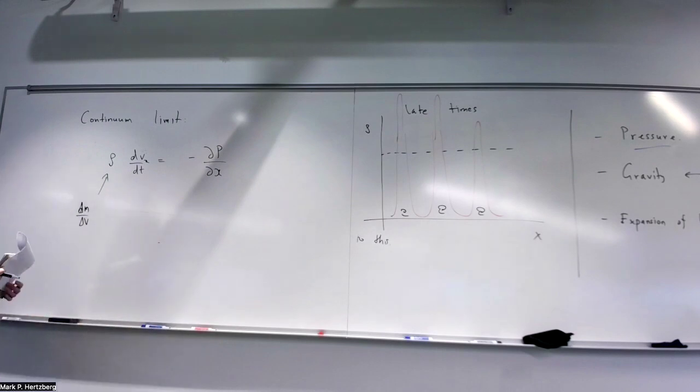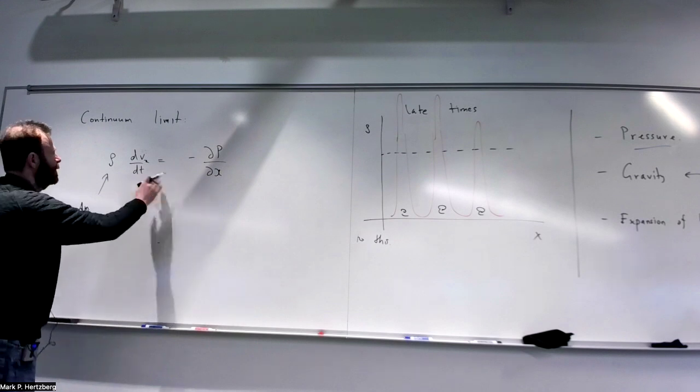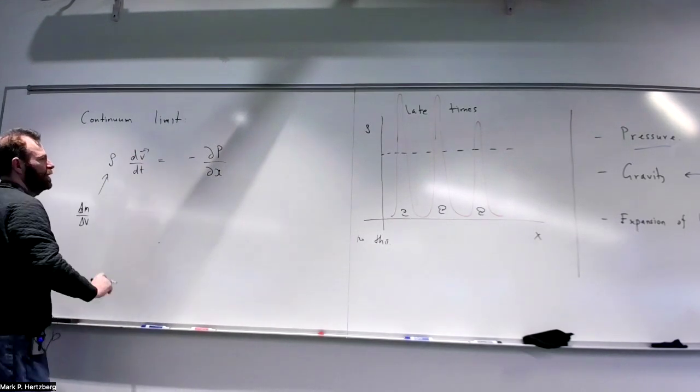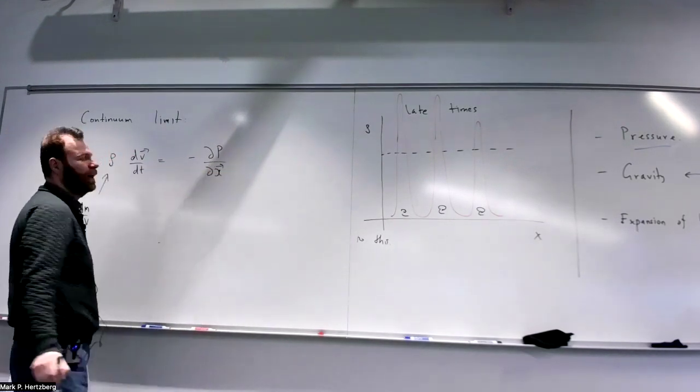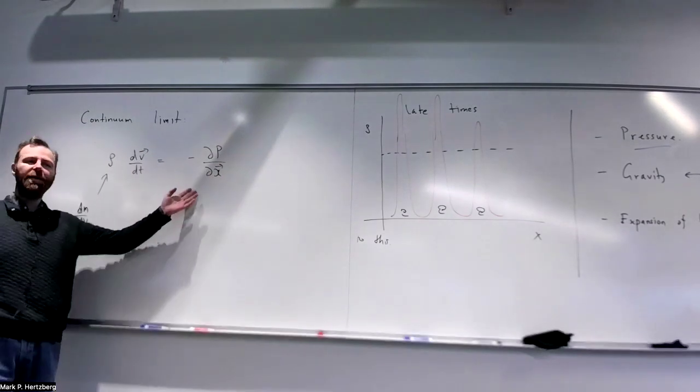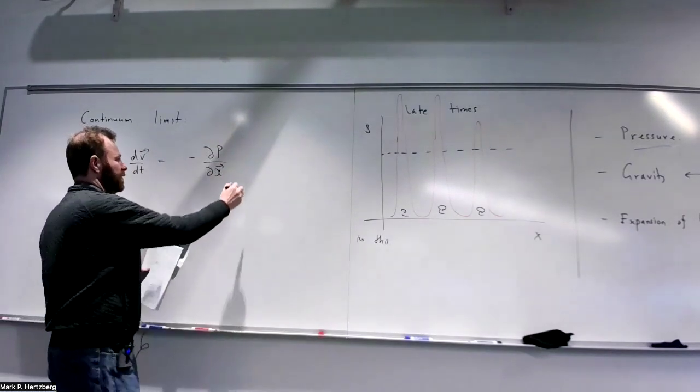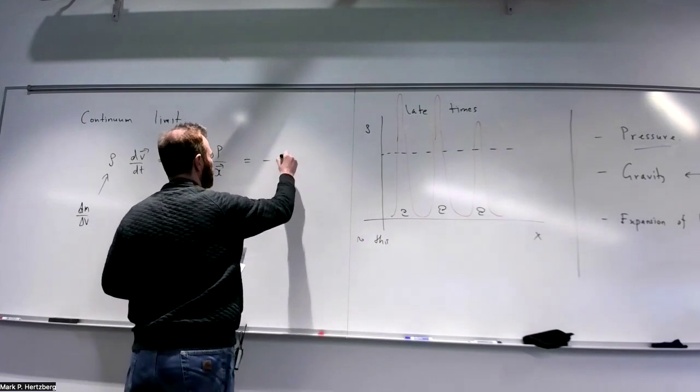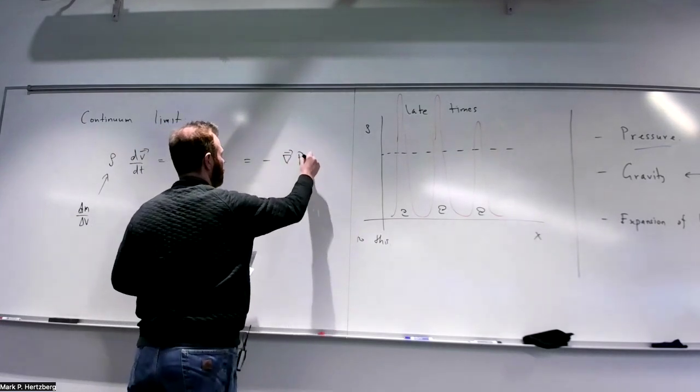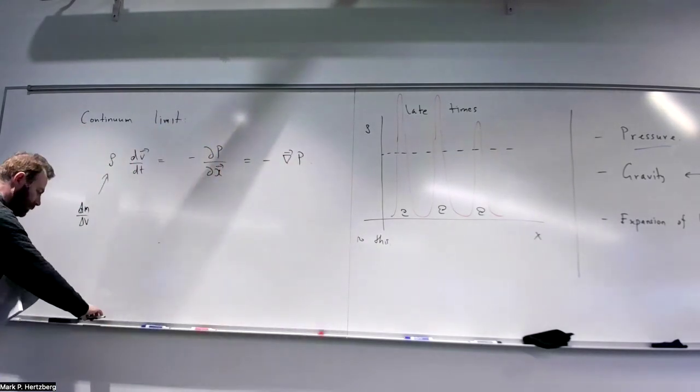For the three-dimensional version of this, we can easily update this to just the velocity vector. And I can be kind of loose and write dp dx, just a shorthand notation for the gradient of the pressure.